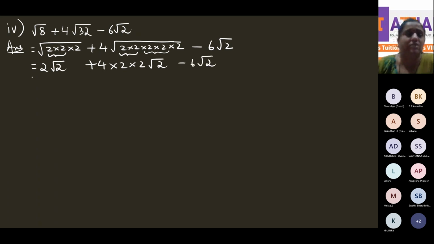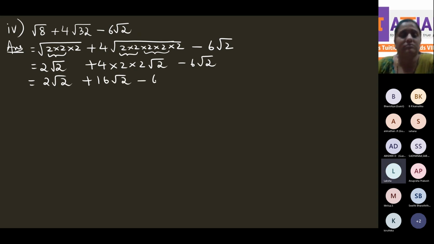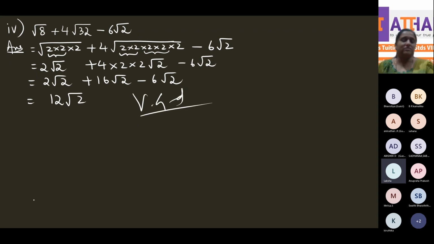Very good. Next, 2 root 2 plus 16 root 2 minus 6 root 2. So 2 plus 16 minus 6 is equal to 12. Very good. 12, and then the root 2 will appear there. So 12 root 2. Very good, Laksha.